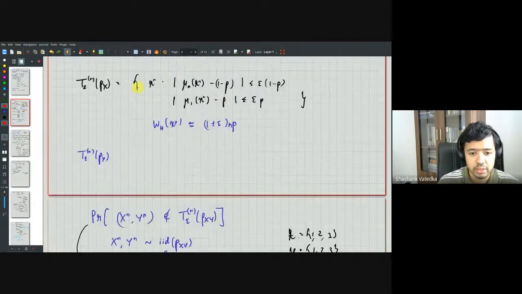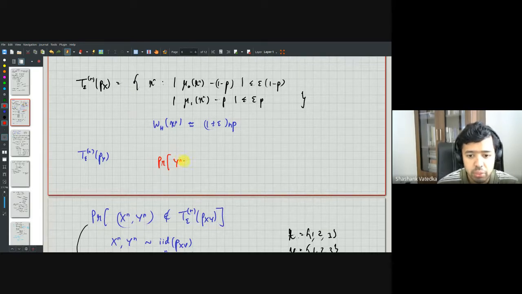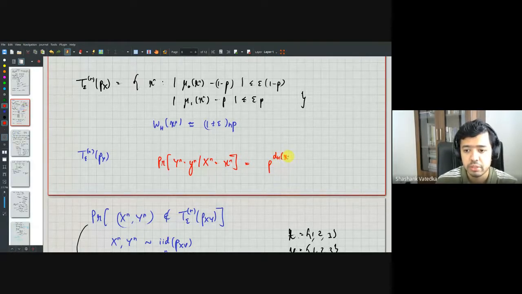The exact probability that yn equals some particular yn given that xn is equal to xn, again I leave this as an exercise, is p raised to the Hamming distance between xn and yn, times (1 minus p) raised to n minus the Hamming distance between xn and yn.